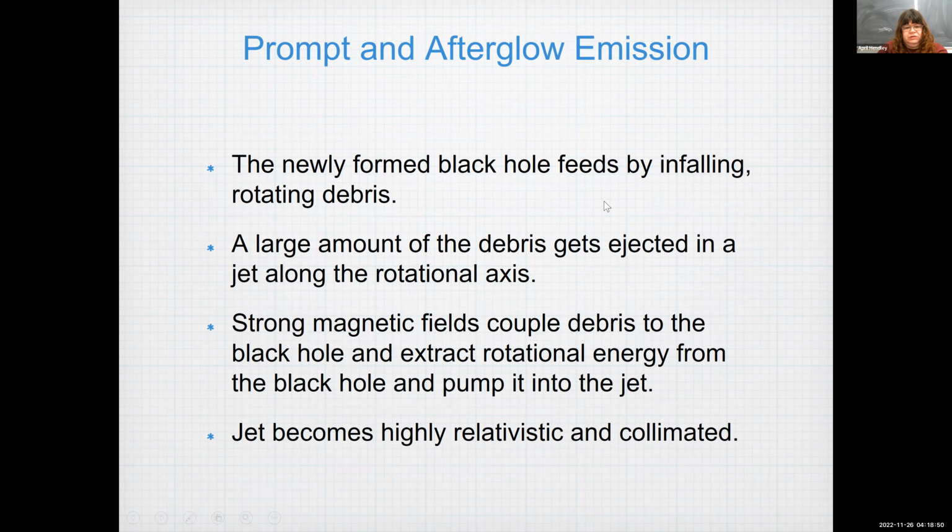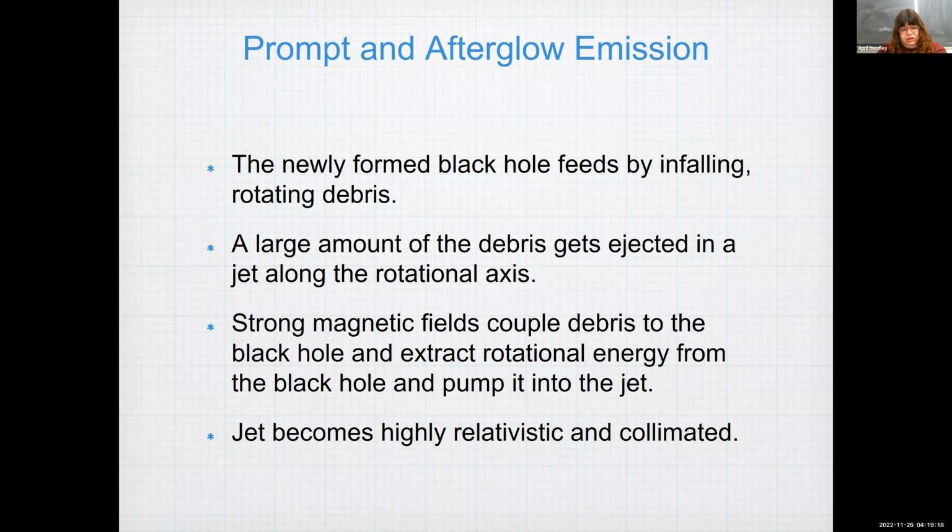As for the mission itself, you get a newly formed black hole and rotating debris. You get debris that gets ejected and a jet along the rotation axis. You get magnetic fields coupling the debris to the black hole, getting rotational energy from the black hole pumping into a jet. And the jet becomes highly relativistic and basically collimated.